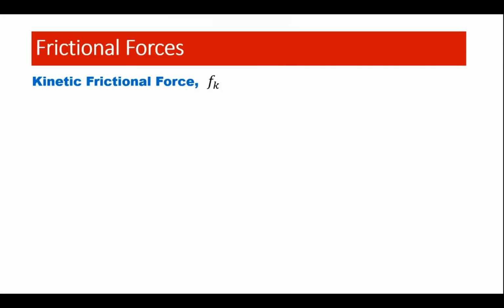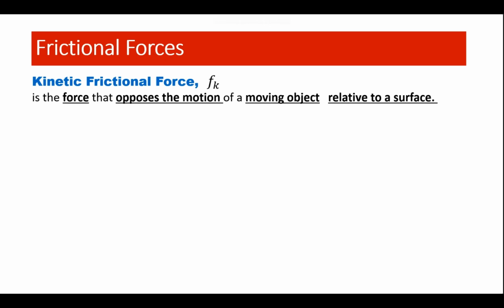The second type of frictional force is kinetic frictional force. Please remember that kinetic frictional force is only available when an object is in motion, not an object that is stationary, not an object that is at rest. So, kinetic friction force is the force that opposes the motion of a moving object relative to a surface.